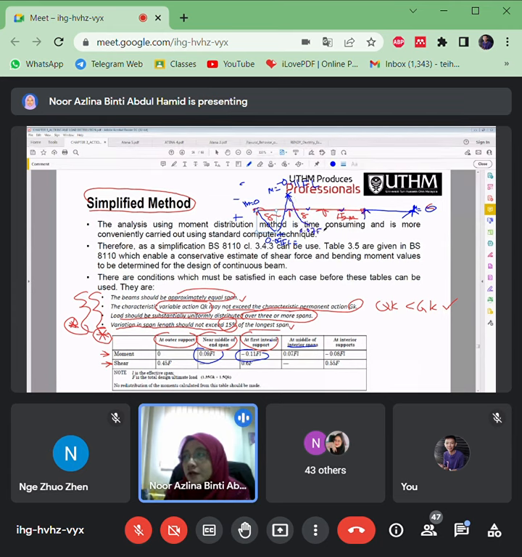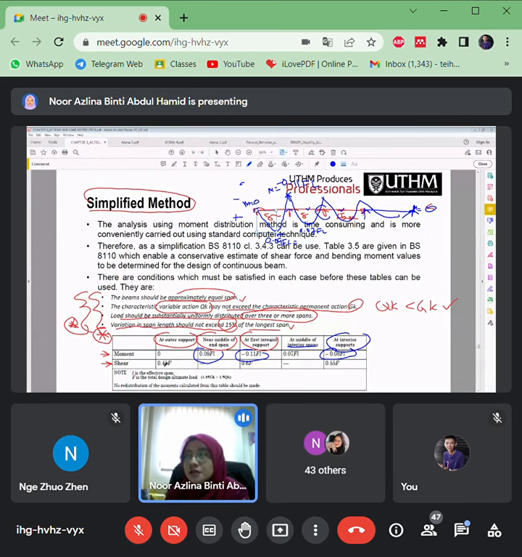At interior supports, if this is the end support and this is the first support, it is the same. For both sides, it's a mirror. So this will be the interior support, and at the support here it is negative. It goes back to negative, and keeps continuing according to the locations here.